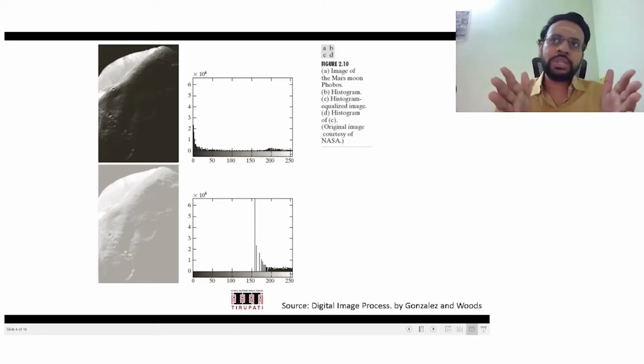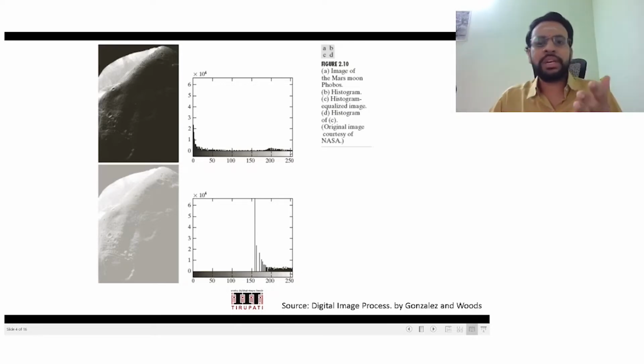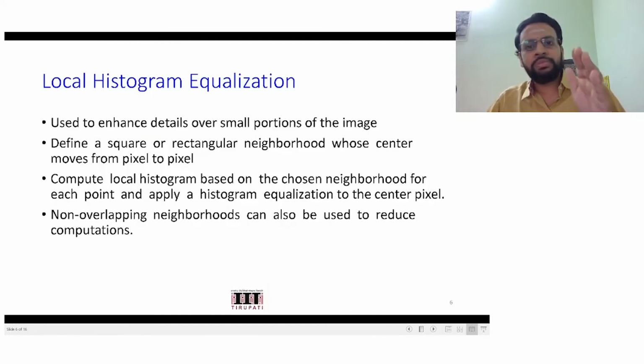So if you are using just a single histogram for the entire image, that might not give you the best results. So this is exactly the objective of local histogram equalization. There are different ways this local histogram equalization is implemented.